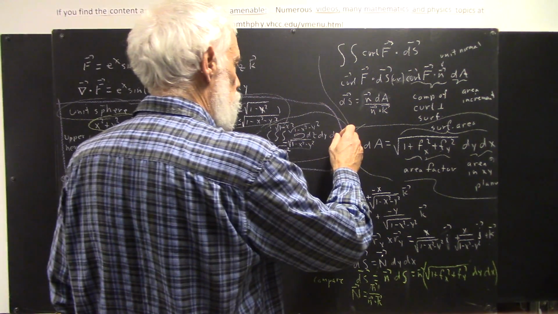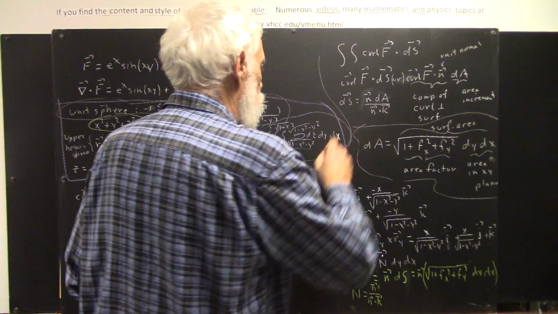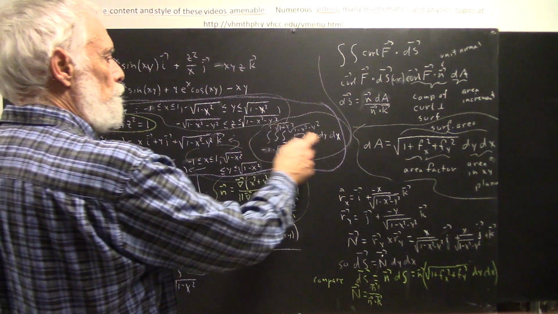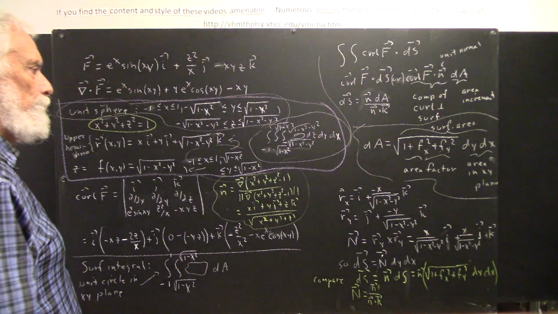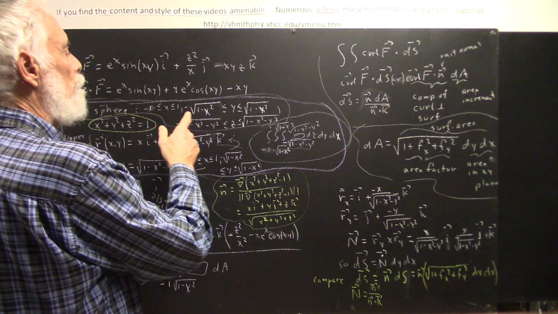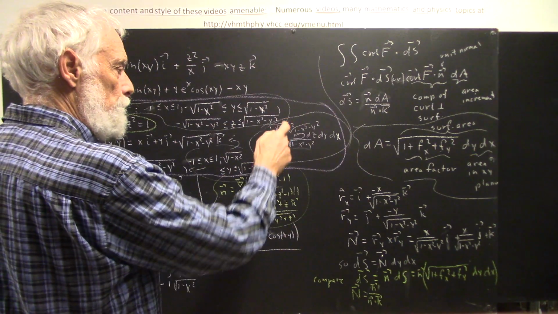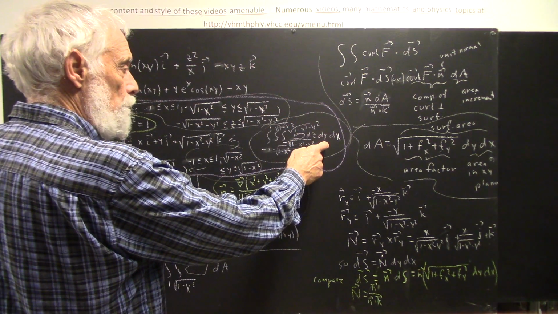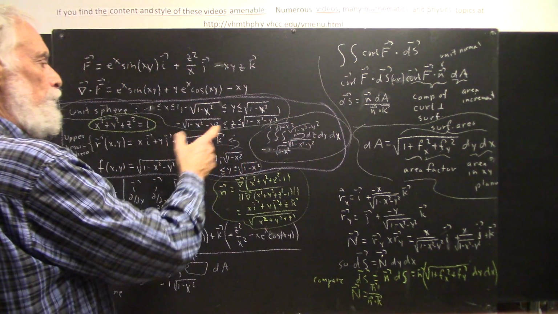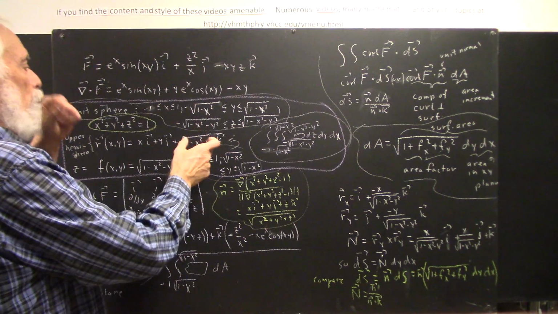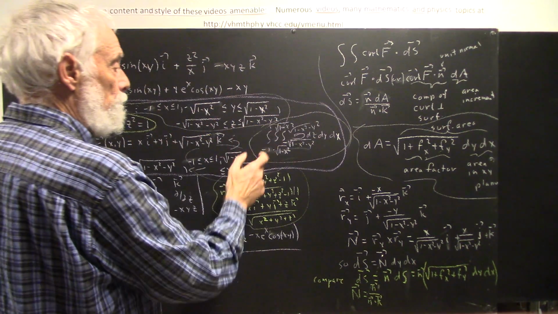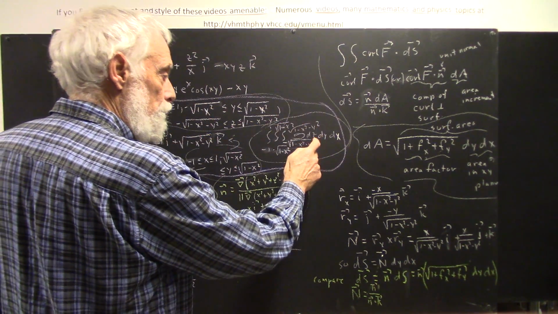Can't read my handwriting here, it's not very good. Okay, this integral with respect to x, and then y from negative square root of 1 minus x squared to the square root of 1 minus x squared with respect to y, and then z from the negative square root to the positive square root here.